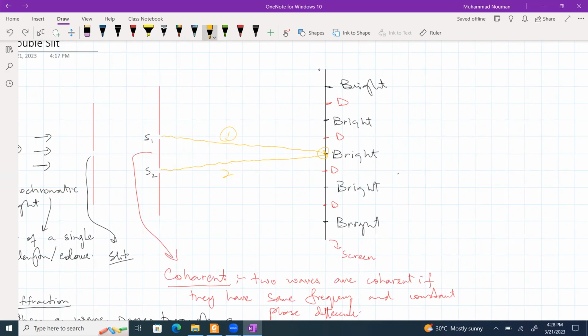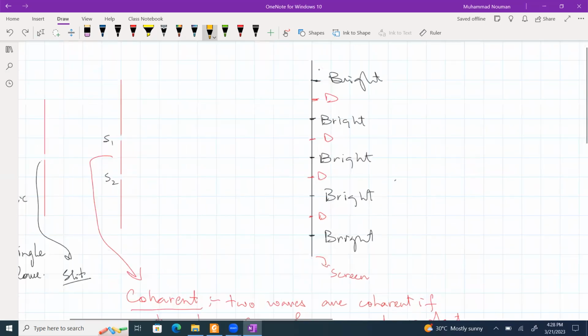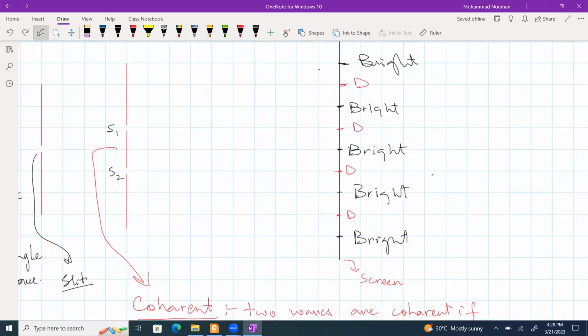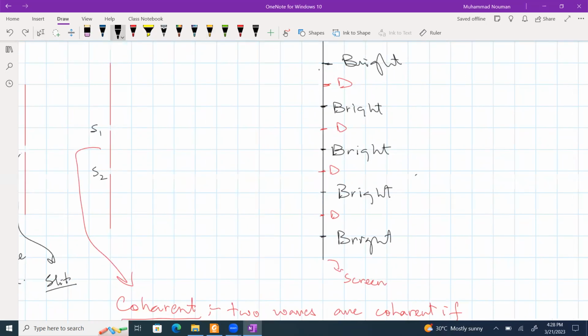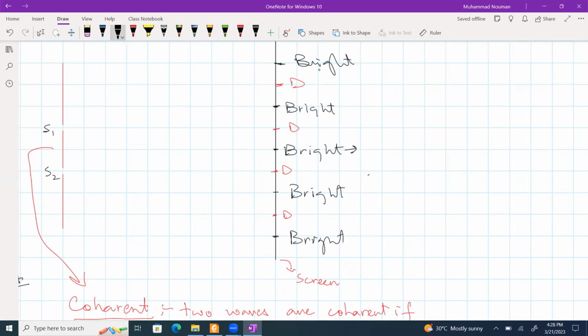Whenever the path difference of two light waves is zero, what is the phase difference at that time? When path difference is zero, phase difference is also zero. So this is the place at which path difference is zero, and phase difference is also zero.